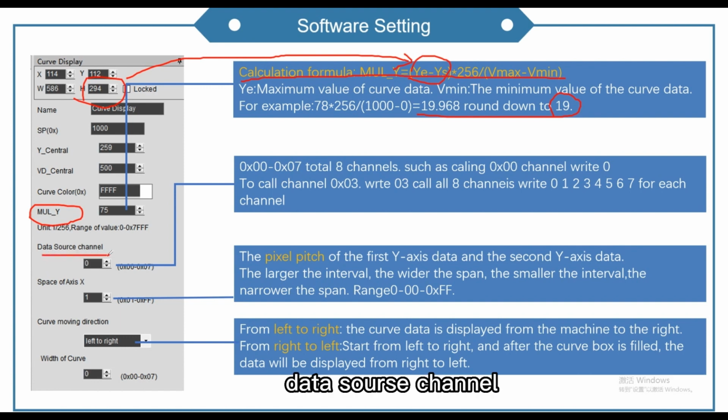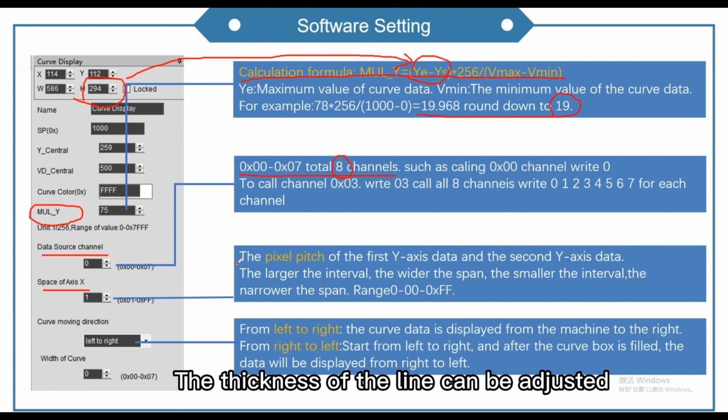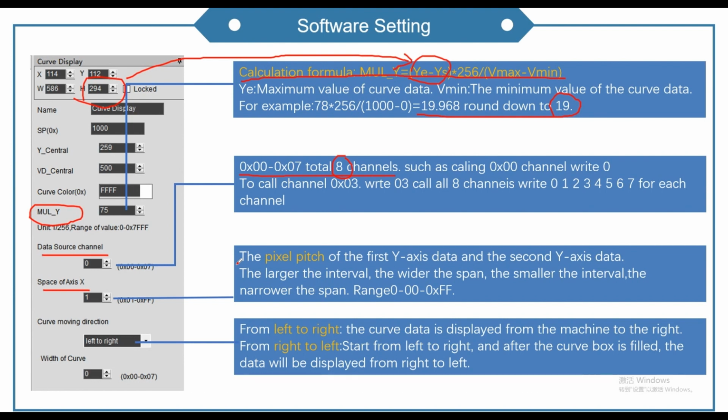Data source channel. We have 8 channels. Space of axis x. The thickness of the line can be adjusted. Curve moving direction.